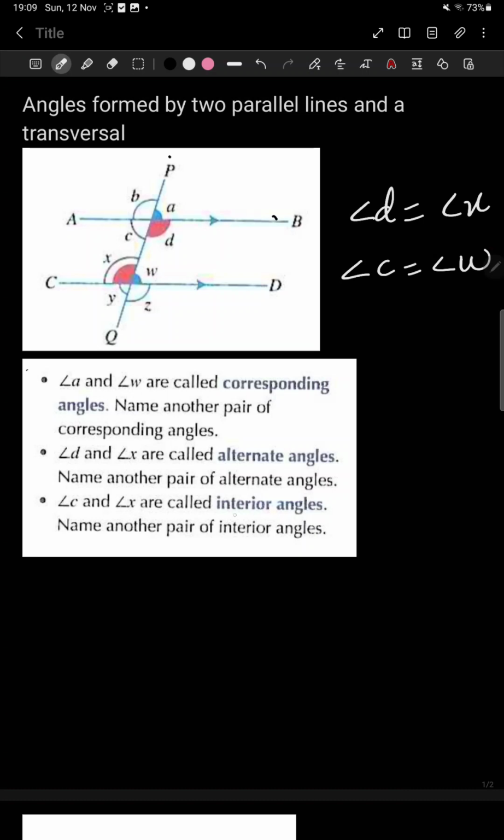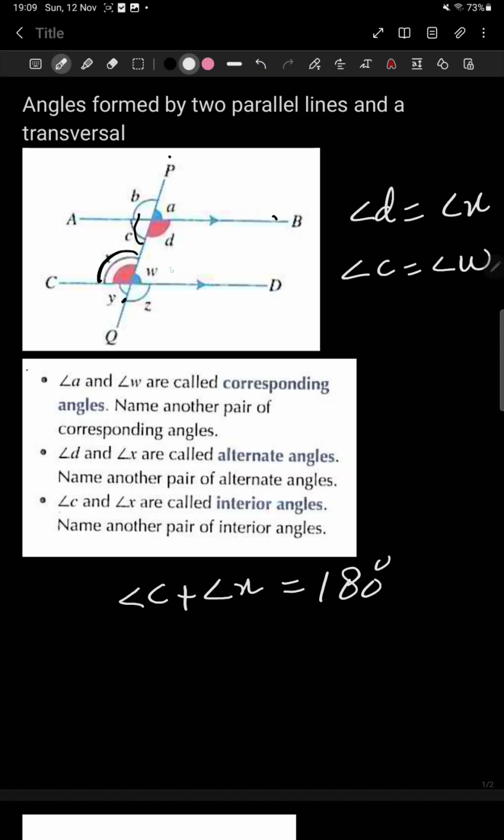The next term which we have used over here is interior angles. Interior angles are angle C and angle X. They are on the same side, and whenever we add these two interior angles on the same side, angle C plus angle X, they will give us 180 degrees.